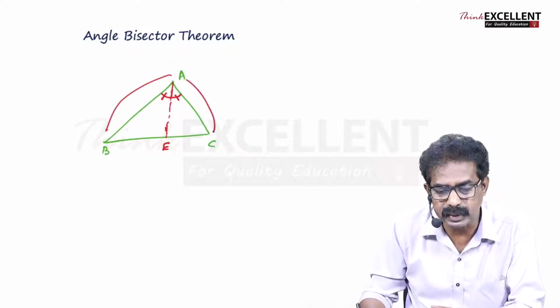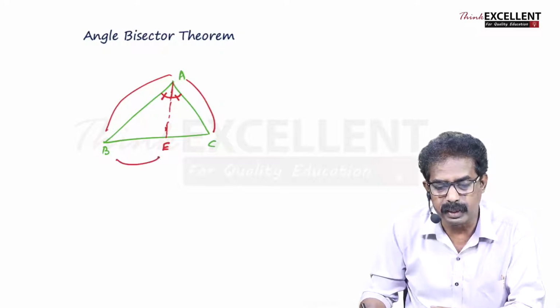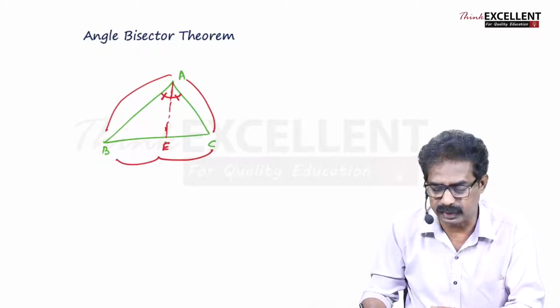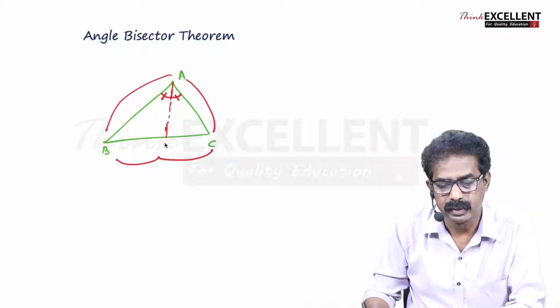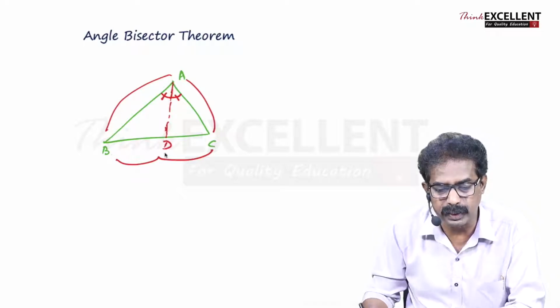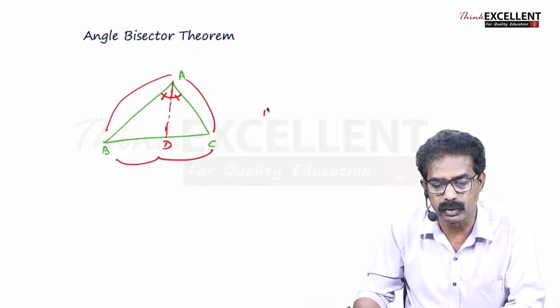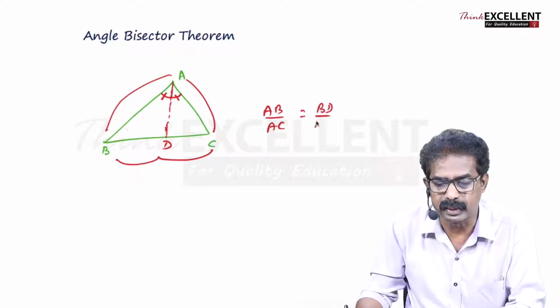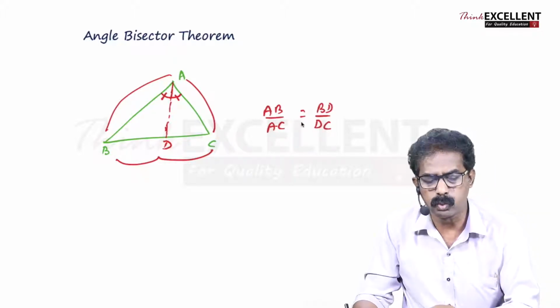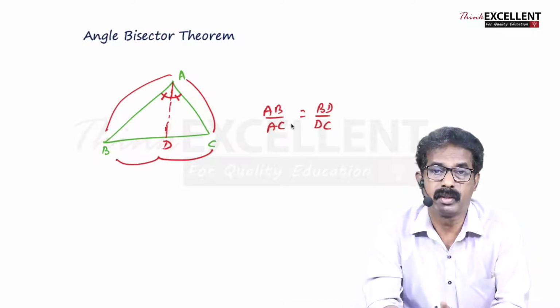What can you say here? AB by AC is equal to BE by EC. Suppose I take this point as D, and AD is the angle bisector. Then you can say AB by AC is equal to BD by DC. To prove this we need AA similarity.